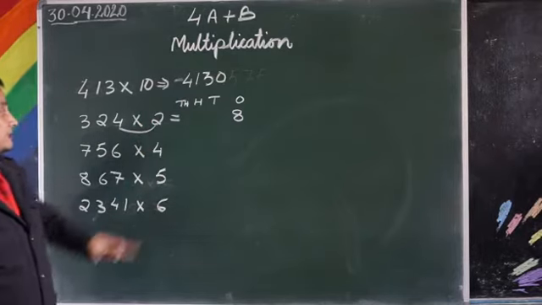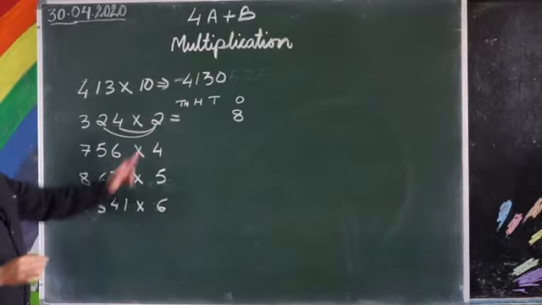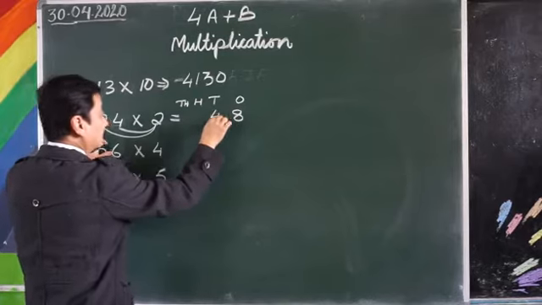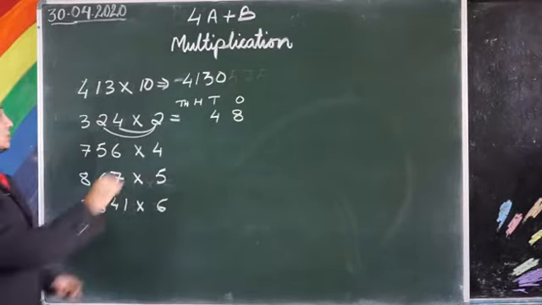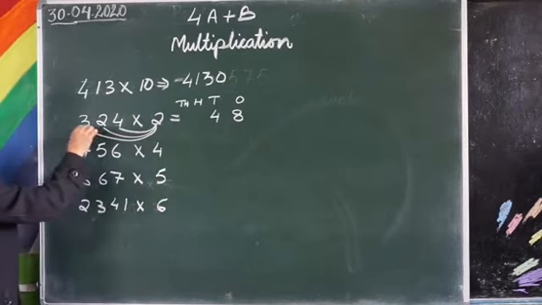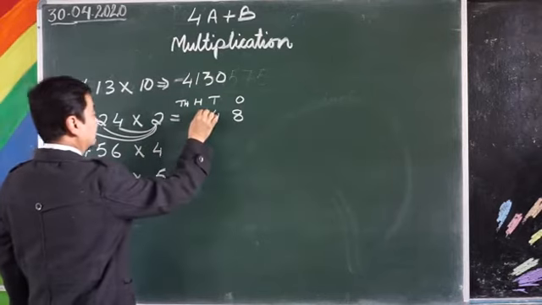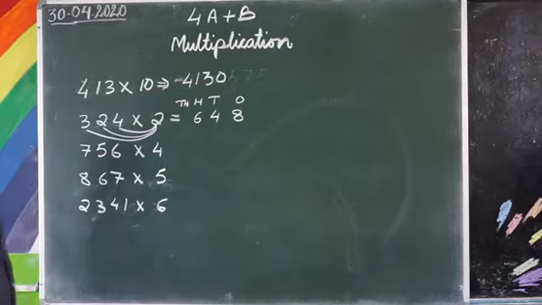Again we have to multiply the next number. 2 and 2. 2 2s are 4. Okay, I hope you understand. Then 2 and 3. 2 3s are 6. So the answer we got is 648.